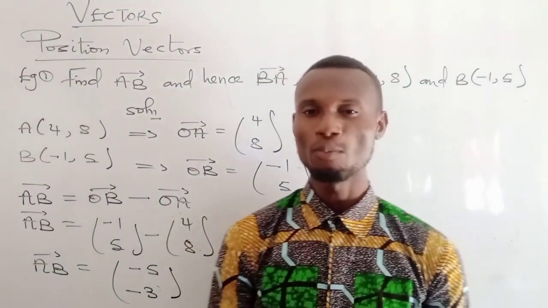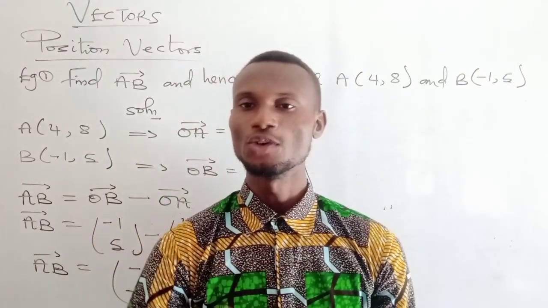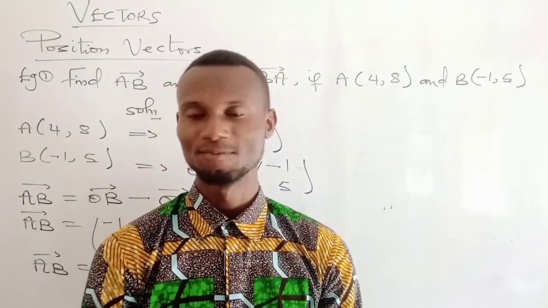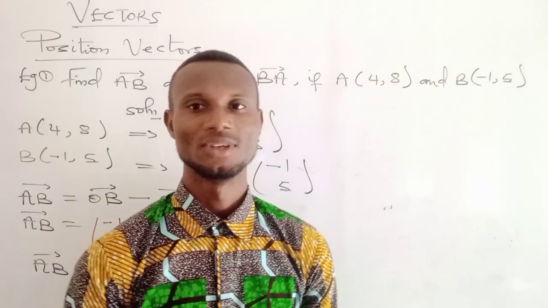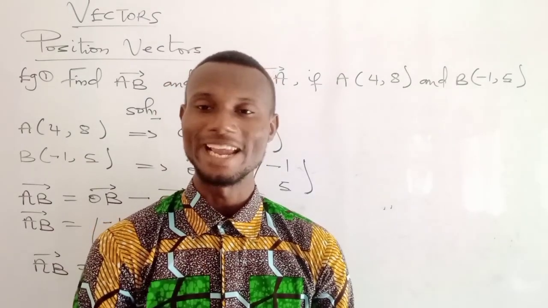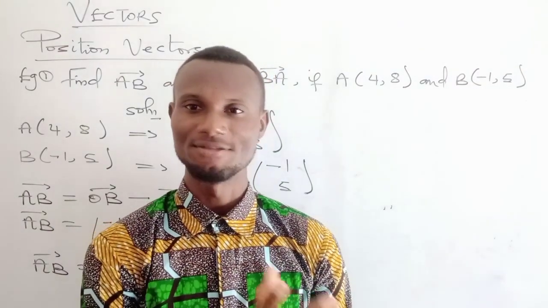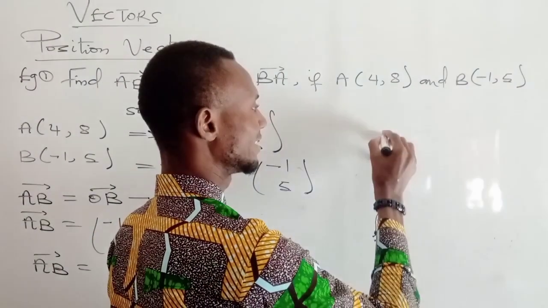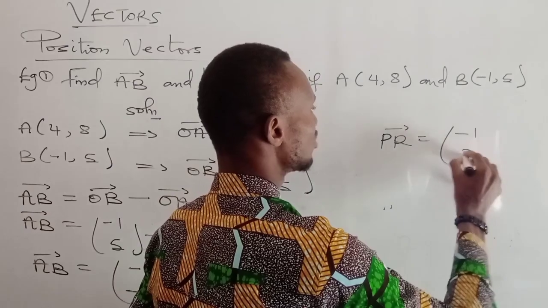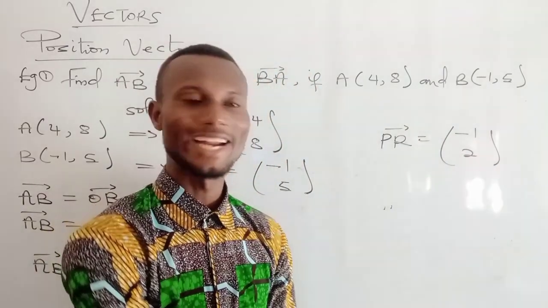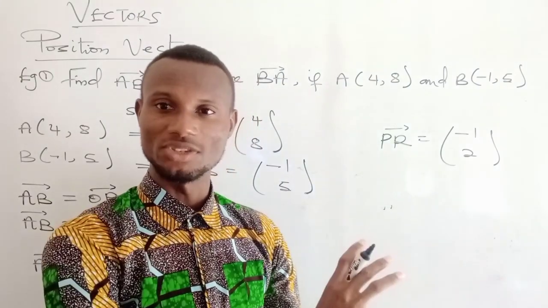So now, I'm going to teach you how to find the inverse of a vector. For you to get the inverse of any vector, all that you need to do is to negate that given vector. So if I have vector PR equals -1, 2, and I'm asked to find the inverse of this vector PR, again, the inverse simply means the opposite of this vector.